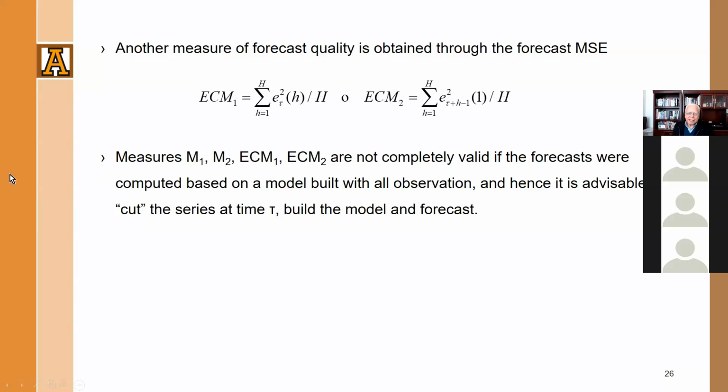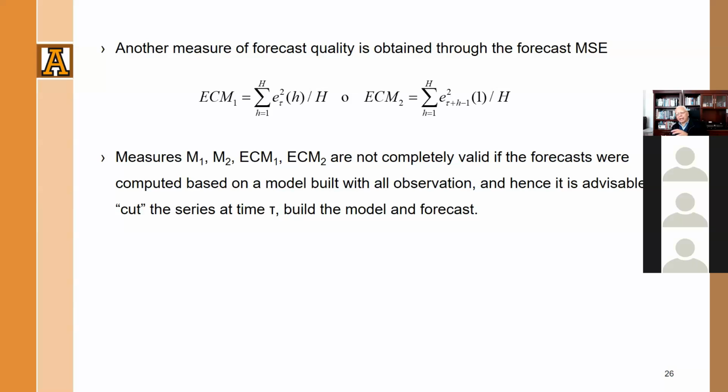Now, what I did is the right thing to do. If we were to compute these things using the whole data set to estimate the model, that's not very valid, because that will underestimate the errors. That's why we split the data, and we call the data that we're going to use to build the model the training data, and then we're going to test it on the test data, which is going to be the last 6 months or the last 6 days, whatever period I need to forecast ahead.